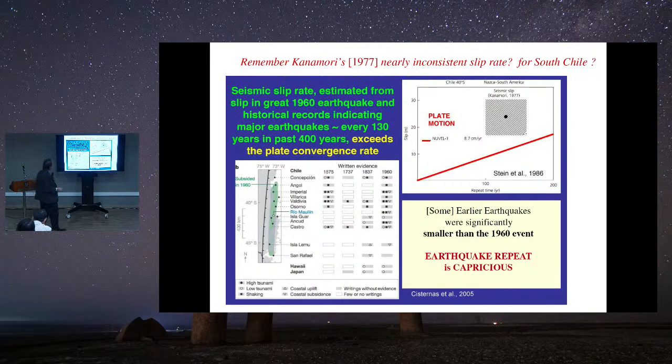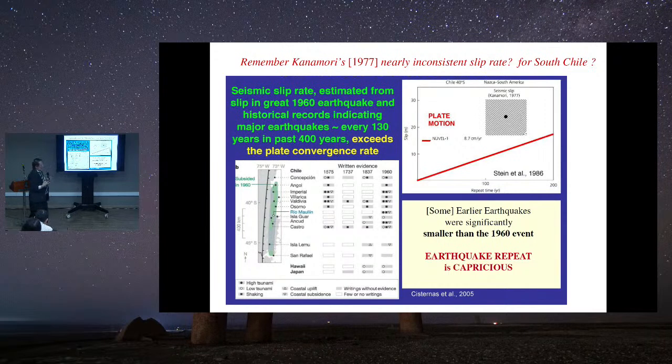And that was very important because there was a paper by Kanamori in 1977 where he was plotting the slip as a function of the recurrence time, and for the Chilean earthquake he had very large error bars, and at that time his line of observed plate motion just about crossed here. But then the plate motion was revised, and you had this very unfortunate situation where you had too little plate motion to explain the Chilean slip rate.